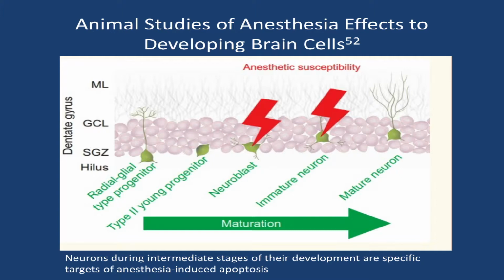The anesthetic susceptibility can destroy neuroblasts and immature neurons, leaving the patient somewhat stunted in its ability to deal with the effects on the brain at that location. And as a result, the maturation of the child is interfered with and their neurological activity.